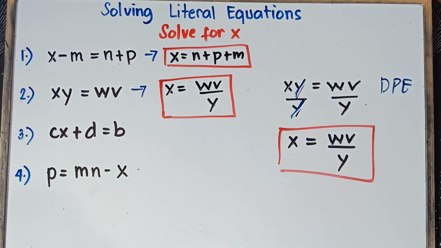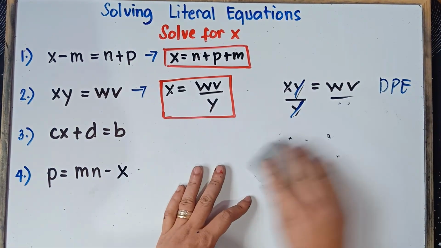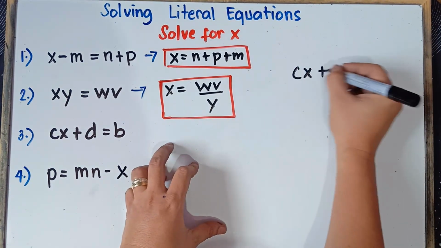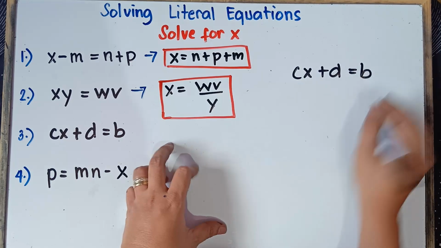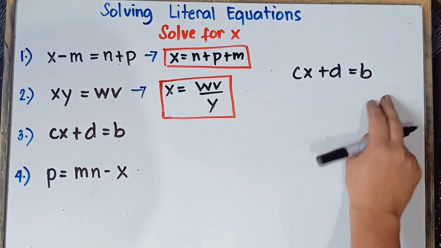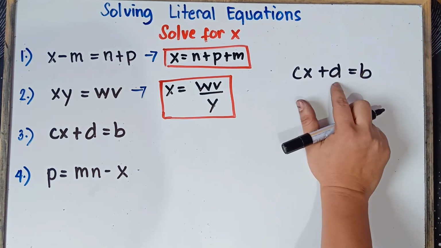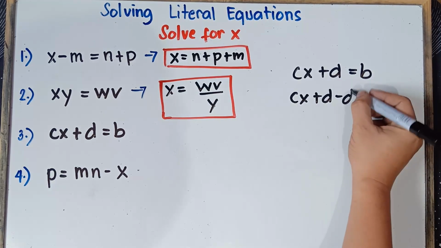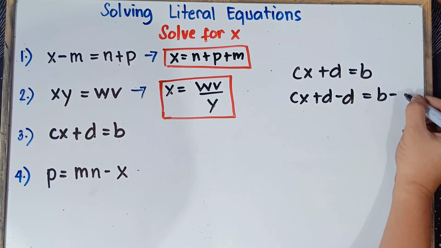Alright, so let's have example number 3. Let me erase this one and copy the equation. We have cx plus d equals b. So to solve for x, we can subtract both sides by d, so that we can cancel this out. So this will be cx plus d minus d equals b minus d.